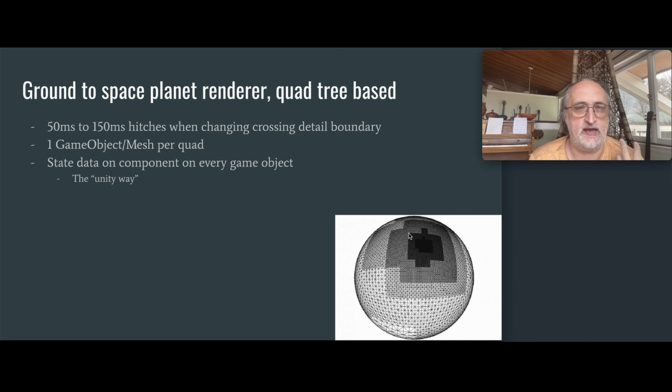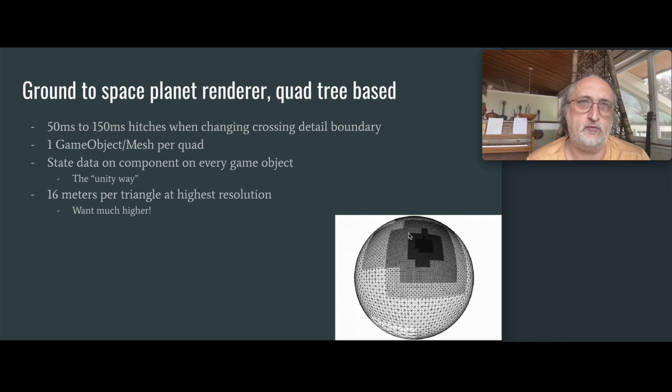And the way they had structured it was kind of in the Unity way, where you have a component on every game object that has its state on it, much like the monster data was originally in my example. And it would tessellate up to about, I think, 16 meters per triangle at its highest resolution, and they wanted to get a lot higher than that. And had ideas for features and all kinds of stuff.